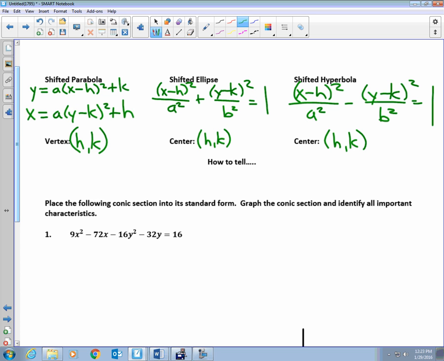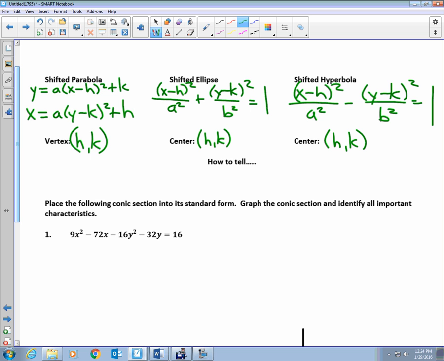Okay. What about exponents? Tell me more. Very good. So what Brooke is seeing here is that the x is squared and the y is squared. Look at the ellipse and the hyperbola. The x is squared and the y is squared.